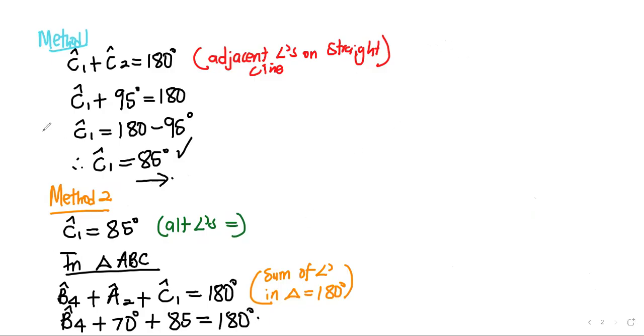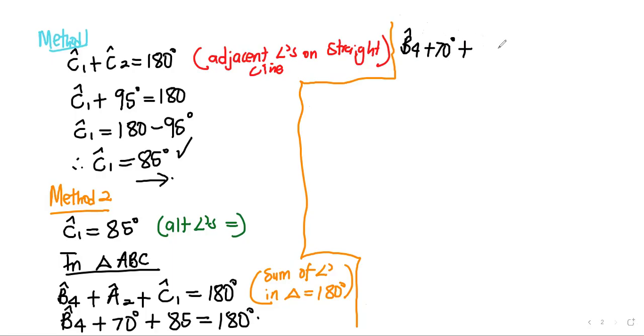So for the sake of continuation, I'm just going to try to utilize this space right here. So, okay, let me rewrite that. Remember now we are having B4 plus 70 degrees plus 85 degrees is equals to 180 degrees, right?